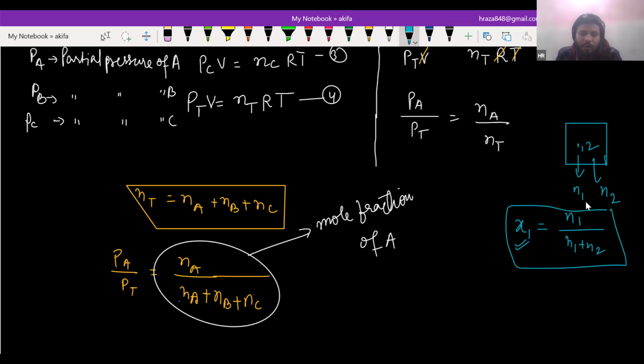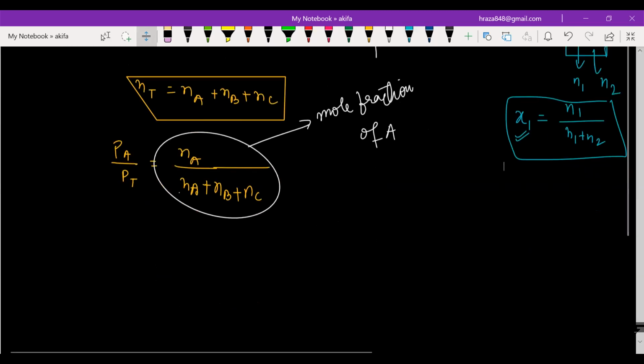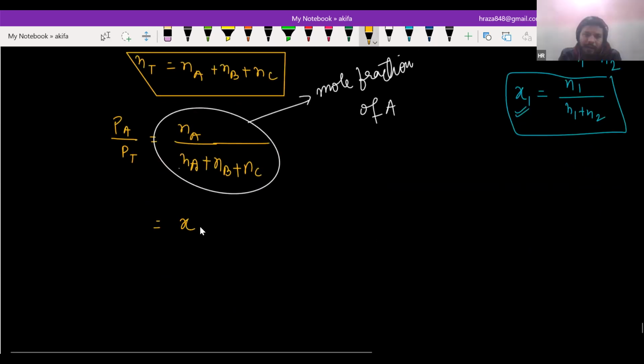From this formula you can see number of moles of A is in the numerator and total number of moles including A in the denominator, that is mole fraction of A. Is that clear? Yes. So I'm going to represent it by zeta A, and here it will be PA upon PT.